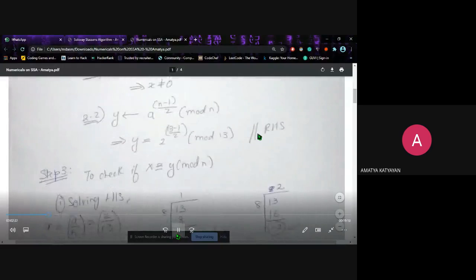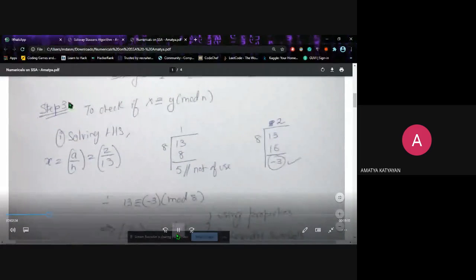In step 3, we need to check whether this condition is satisfied, that is, x is congruent to y mod n. We first solve the left hand side.